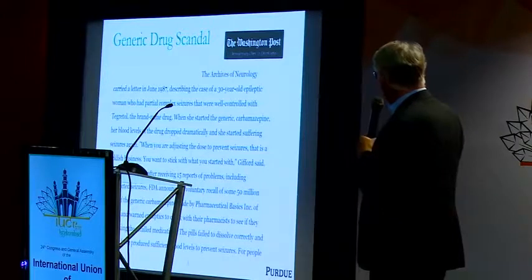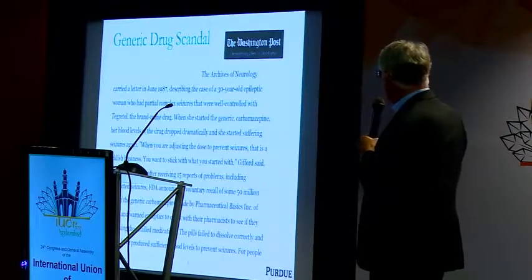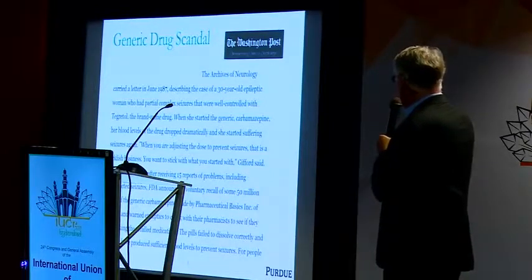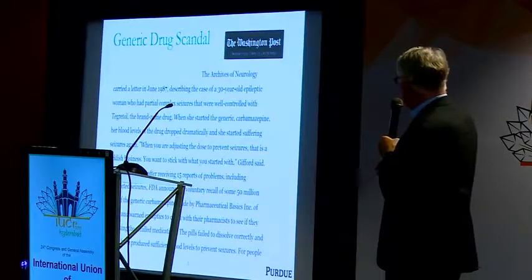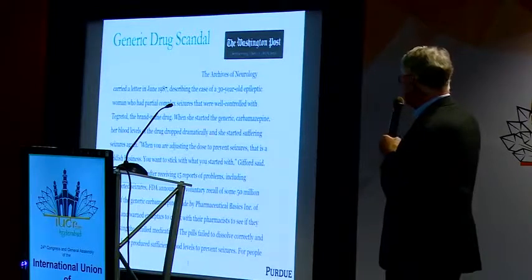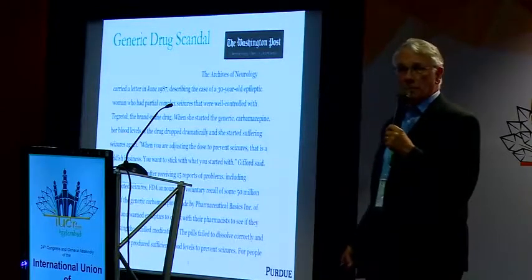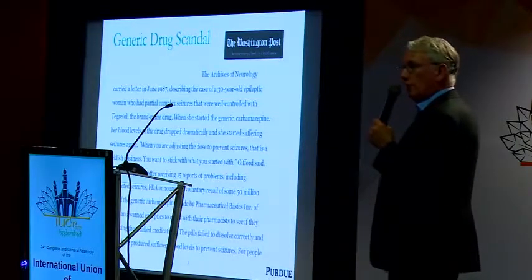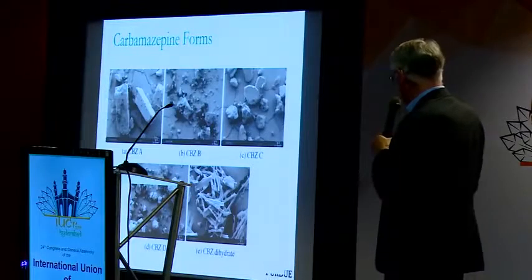And here's a report in 1987 of a 30-year-old epileptic woman who had serious seizures that were well controlled with the brand drug. When she started on the generic, the blood levels of the drug dropped dramatically. And what happened after a series of investigations is the following.